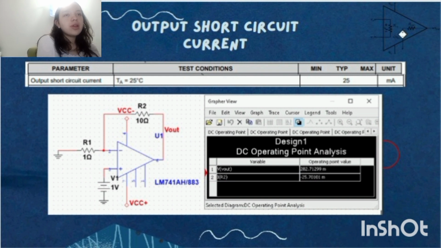Output short circuit current. The output short circuit current in an amplifier refers to the maximum current that can be supplied by the amplifier output stage when a short circuit occurs in the load connected to the amplifier output. Under normal operating conditions, the amplifier supplies a given current to the load connected to its output.